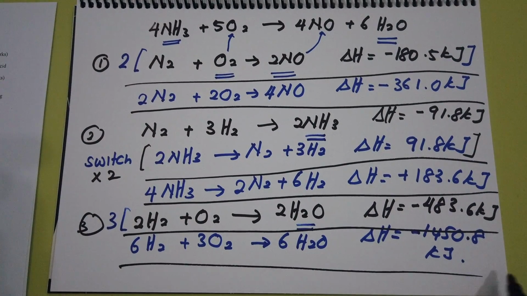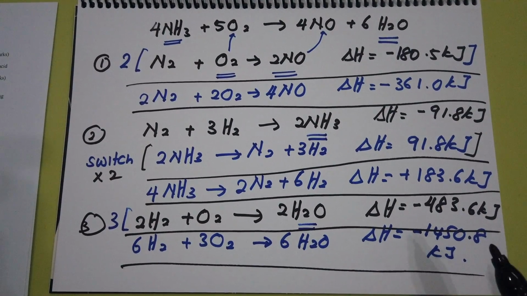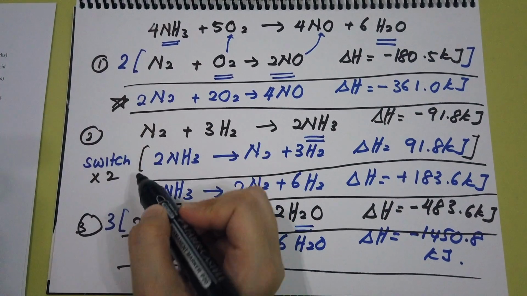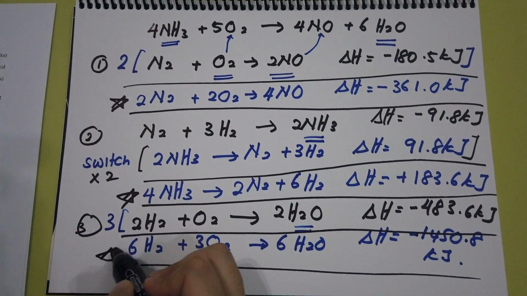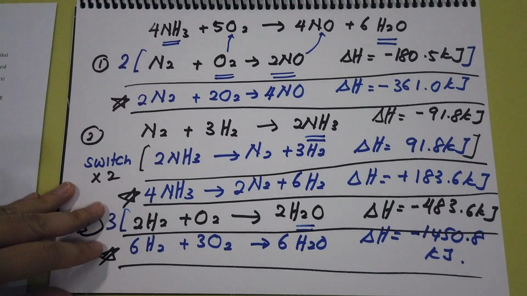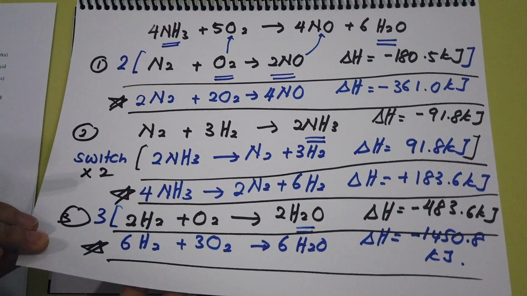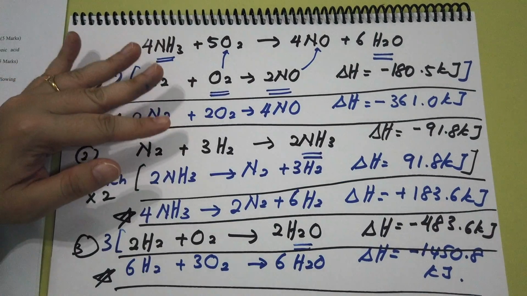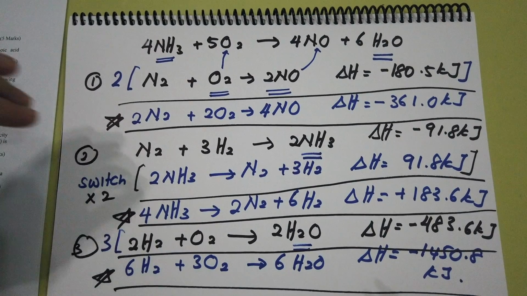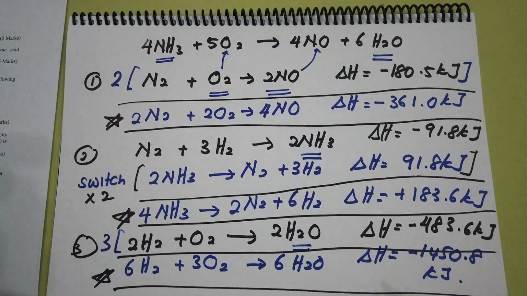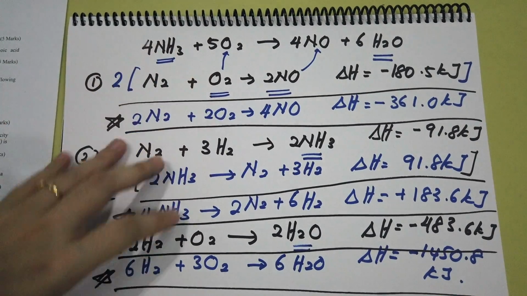Now you have these 3 equations that should match your target equation. All you need to do is copy back these 3 equations, and then remove whatever we don't need, whatever doesn't match the target equation. After you have done this, you copy back all those equations, and I'm going to copy back the target equation so that it's easier for us to see.